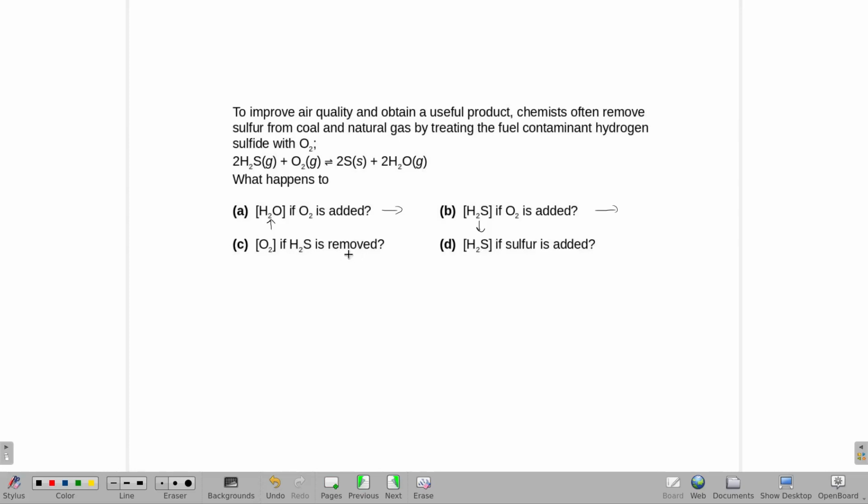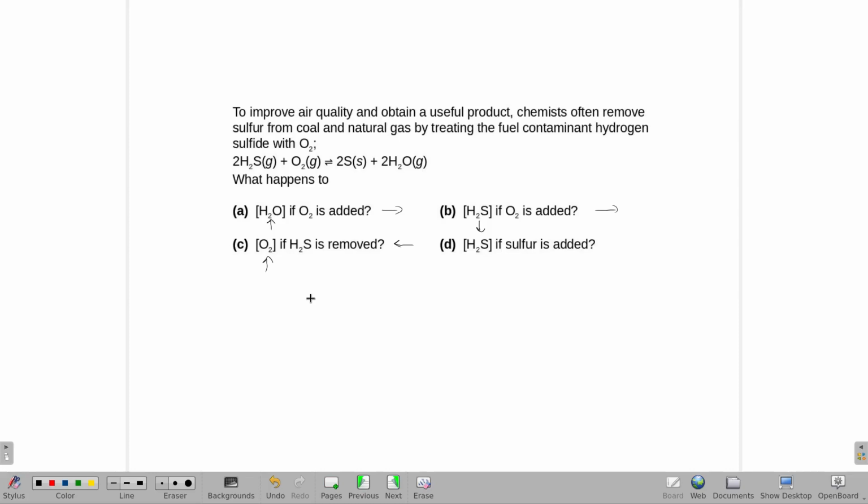This is different. See how it says removed? We're going to remove this. Since we're removing a component, the reaction equilibrium is going to go backwards to replenish what we removed. If it's going backwards, what's going to happen to the O2 concentration? It's going to go up. Now, D's a borderline trick question.